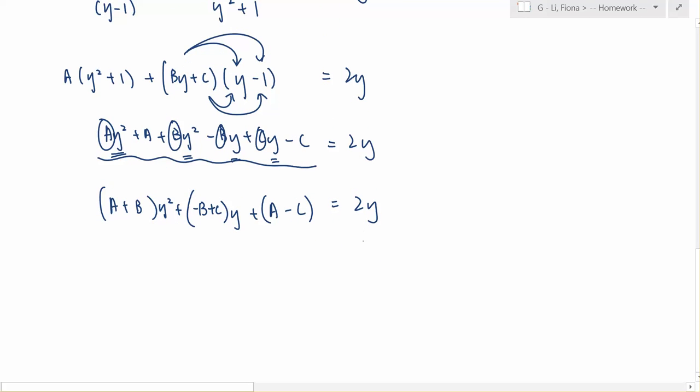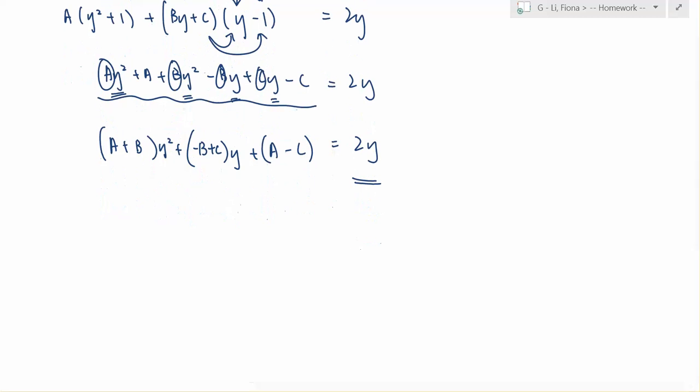And so on the right hand side, we will see only 2y, which means it is 2y plus 0y squared plus 0, essentially.